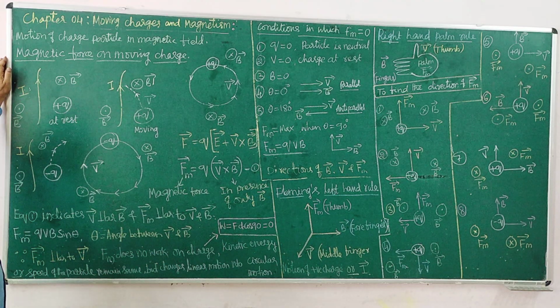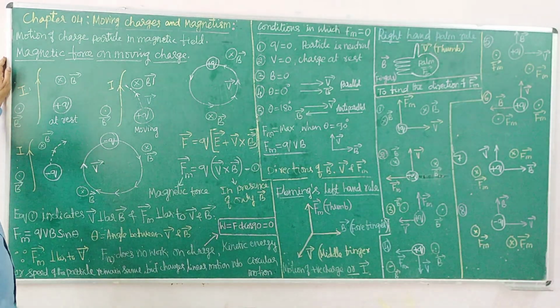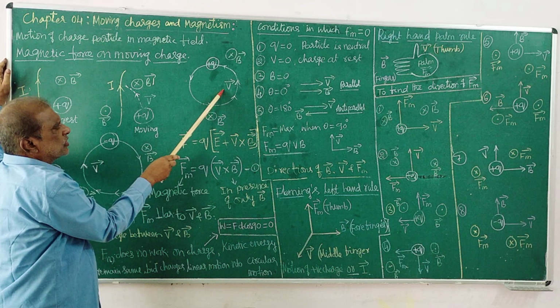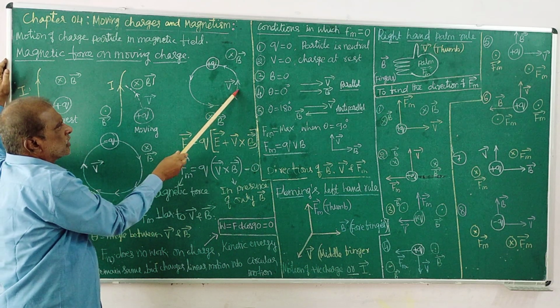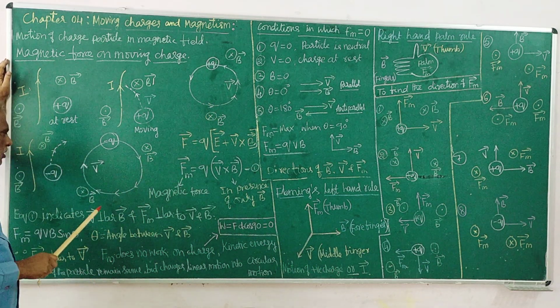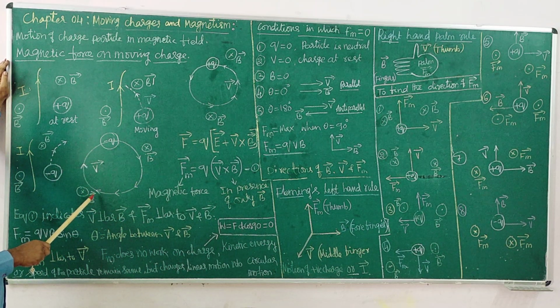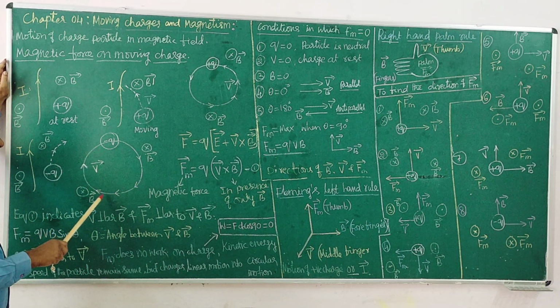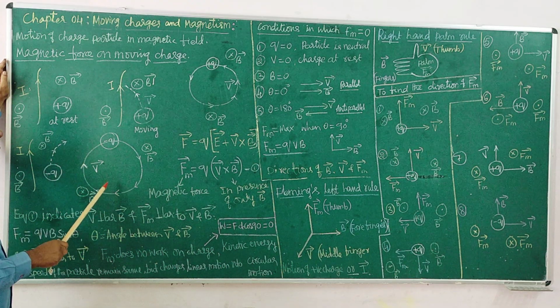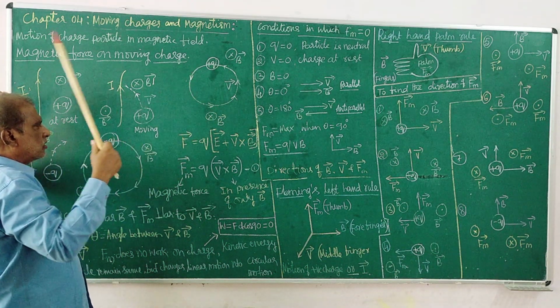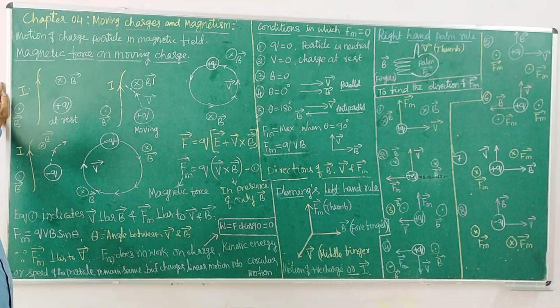The overall effect: what is the overall effect? Linear velocity changes into angular velocity. Linear motion changes into circular motion in a magnetic field. That is the effect of the Lorentz force.